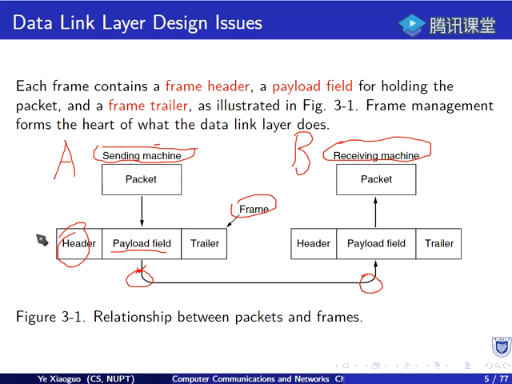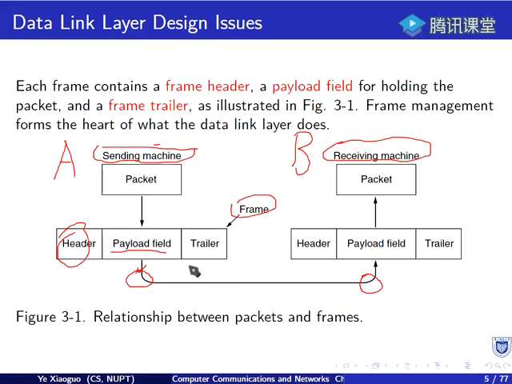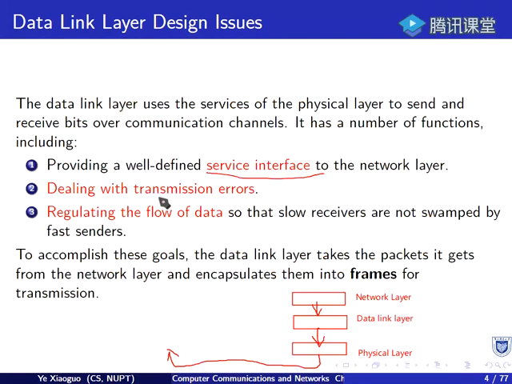So in this chapter, we will talk about the design principles of the data link layer. The data link layer service interface, that means what the interfaces are, and some control mechanisms, including error control and flow control.